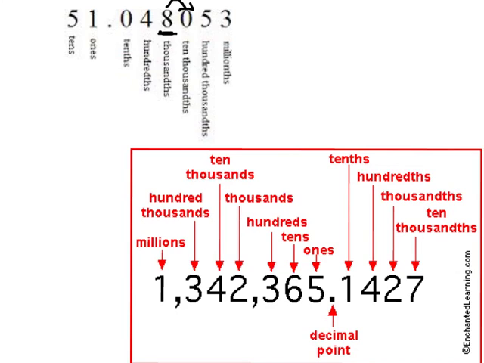So 0 is obviously less than 5. So when we round this number, it would be 51.048. Everything else just goes away. So that would be rounded to the thousandths place.